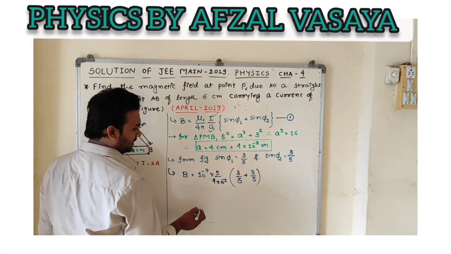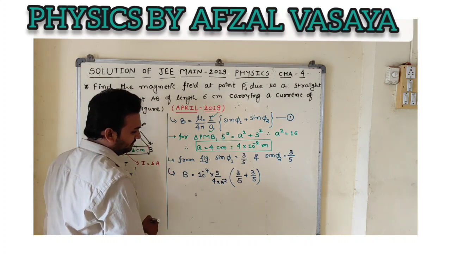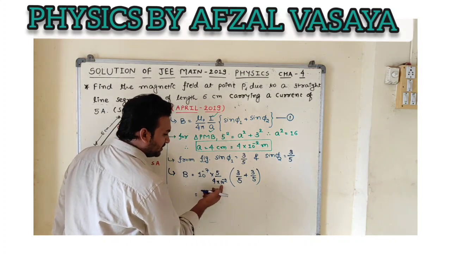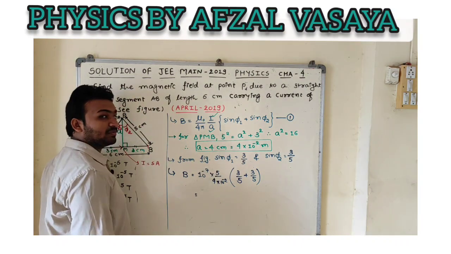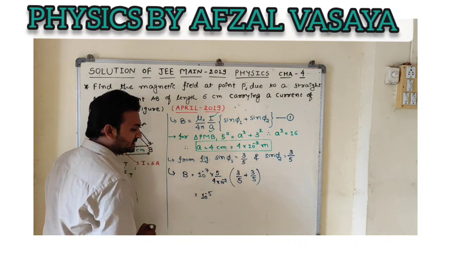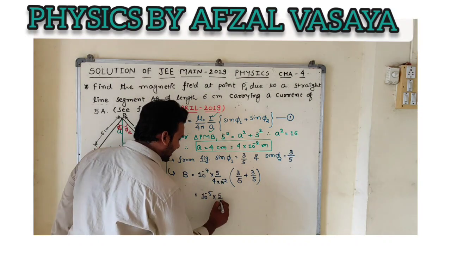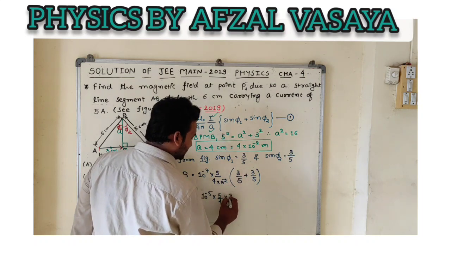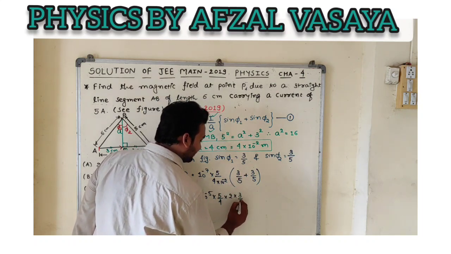If we simplify the power of 10, 10 to the power minus 2 will go up and becomes 10 to the power plus 2, and as a result the power becomes 10 to the power minus 5, into 5 by 4, into 3 by 5 plus 3 by 5, that means 2 times 3 by 5.